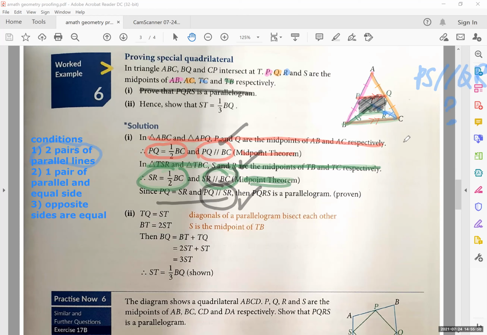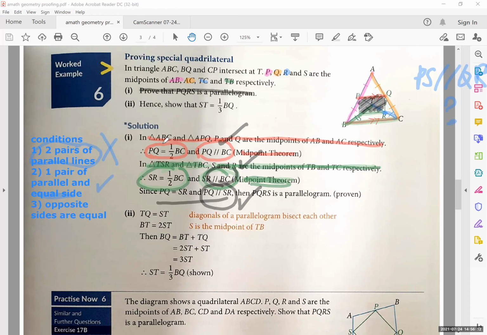No. We cannot, right? So one is for sure out. But then we already have one pair of parallel lines, correct? That we prove using the one in black. So it means that I need one more condition that is one equal side. Is there any way I can prove that they are equal sides?